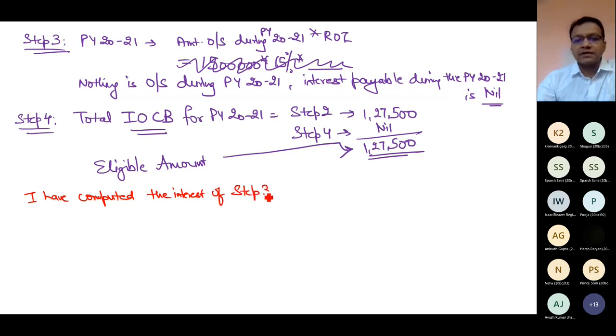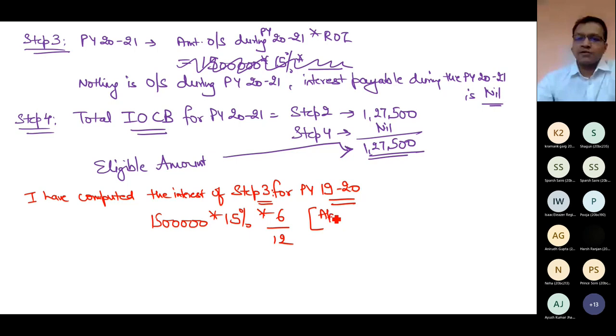You are talking about that, but that was applicable for which previous year? 1920. In 1920, I would have computed the interest on 15 lakh rupees into 15% into 6 by 12.